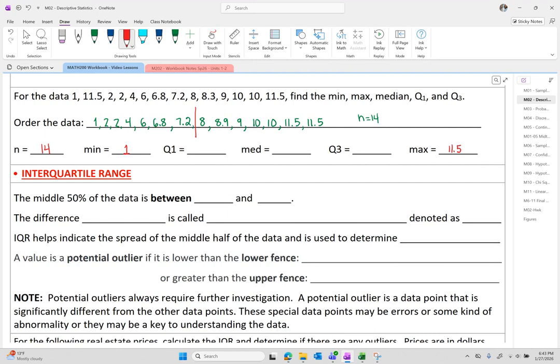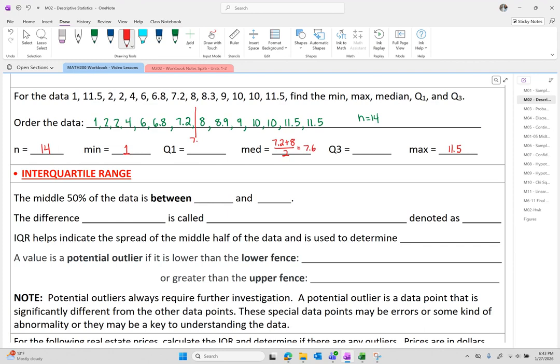So to find the median, we have to average those two numbers. So the median will be 7.2 plus 8 divided by 2. So that is 15.2 divided by 2, and the answer is 7.6.